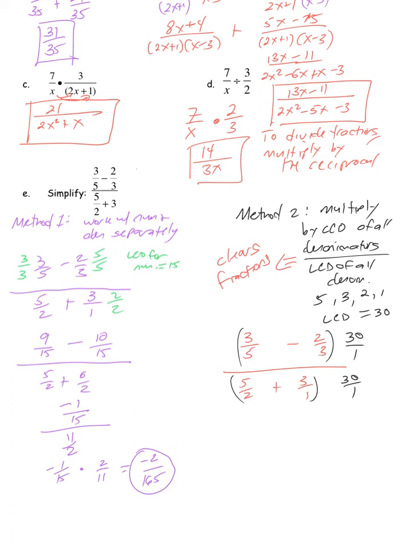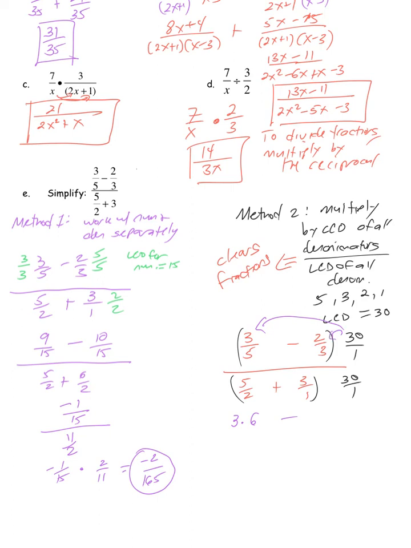So what's going to happen? Let's focus on the numerator. We are going to multiply 30 times 3/5, right? So if I multiply 30 times 3/5, 30 divided by 5 is 6. So really what I'm left with is 3 times 6. And then I'm going to multiply 30 by 2/3.